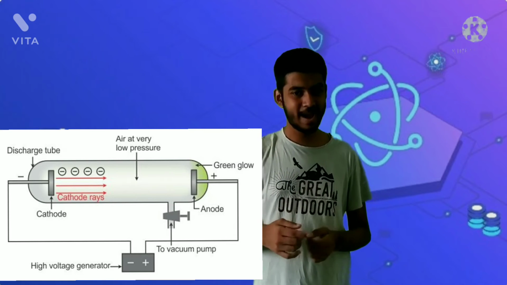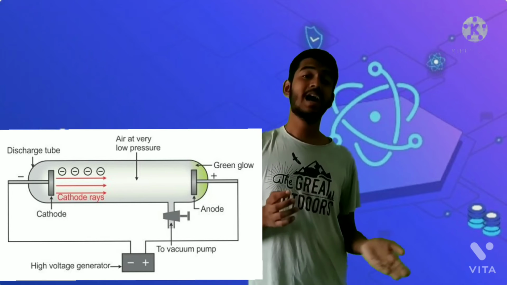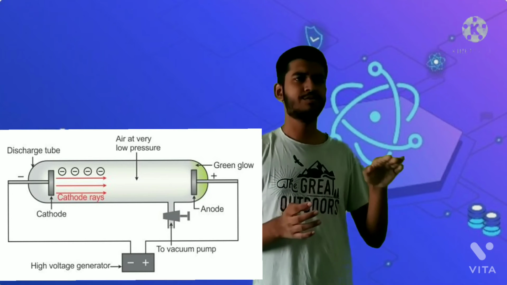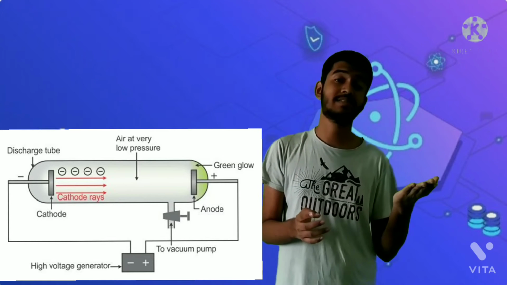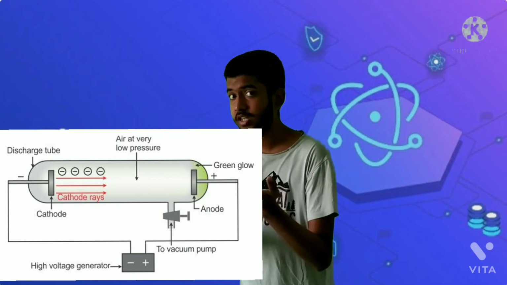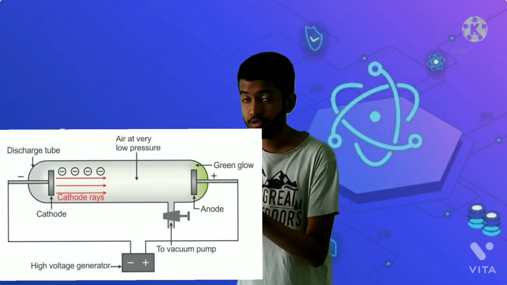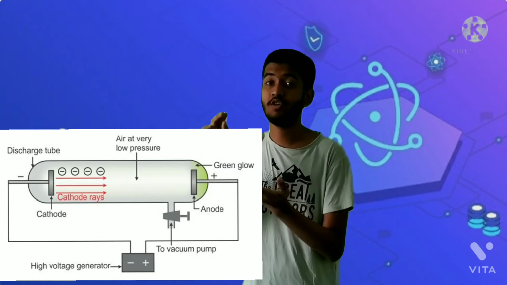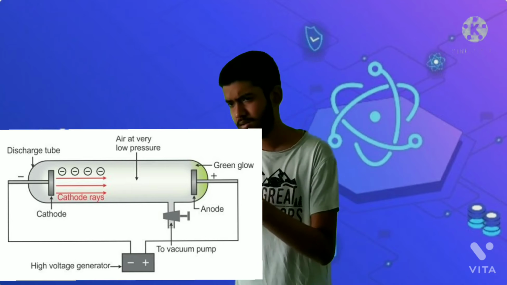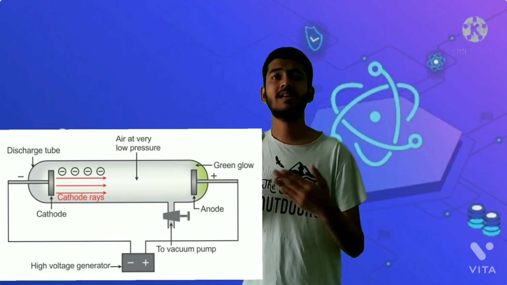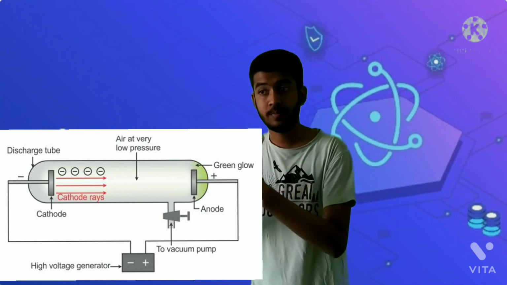When he ran this experiment, the charge was passed from the negative side to the positive side. Particles were traveling toward the anode, but the perforations, the holes, helped the negative particles go through into the tube behind it.